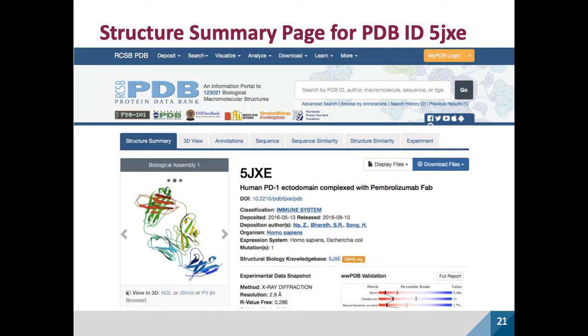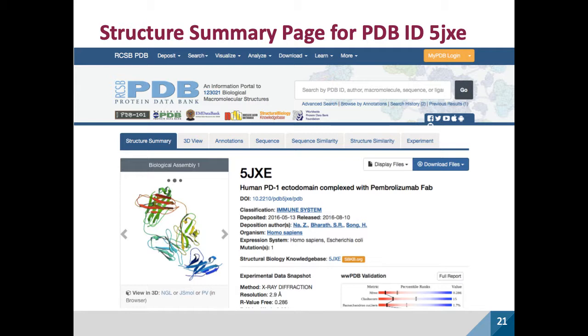You can also identify all other proteins in the PDB that are similar in sequence or similar in structure. There's a host of biochemical and biologic annotations that are also available to you. These are updated on a weekly basis.